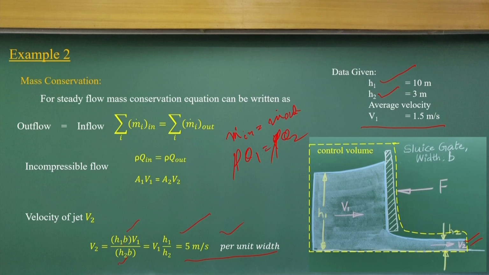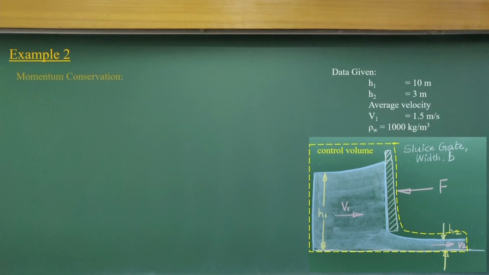That is the very basic conservation of mass. As the flow area decreases, the velocity increases, and it comes to 5 meters per second in this case. Now, I will apply the conservation of momentum.